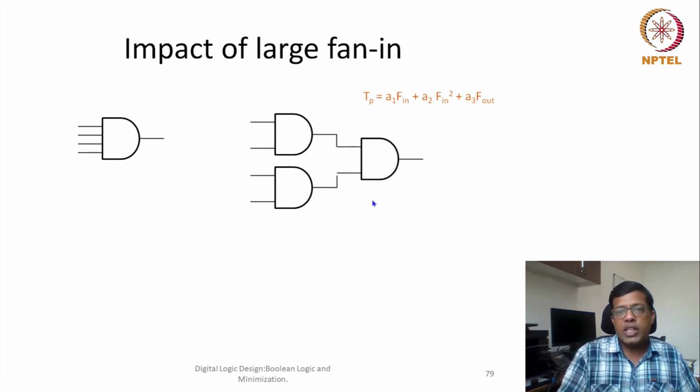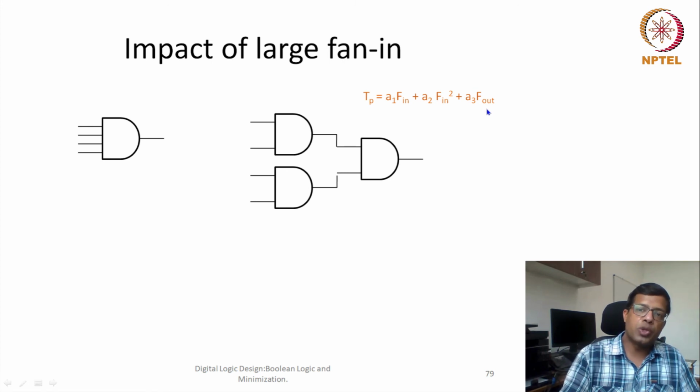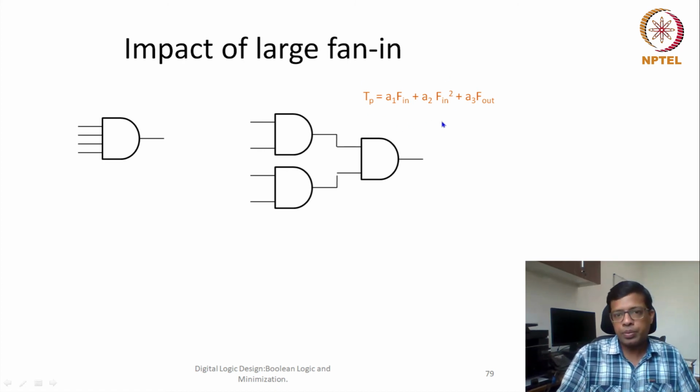And further, if we keep this particular equation in front of us, the propagation delay depends on the square function of my input and linear function of my output. Because here we assume the output is the same for both of them, it would depend on the square function of my input.